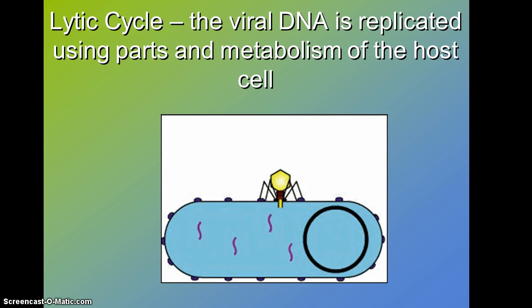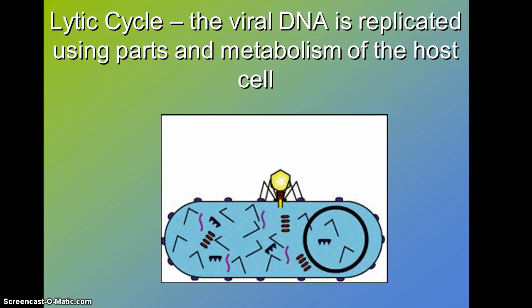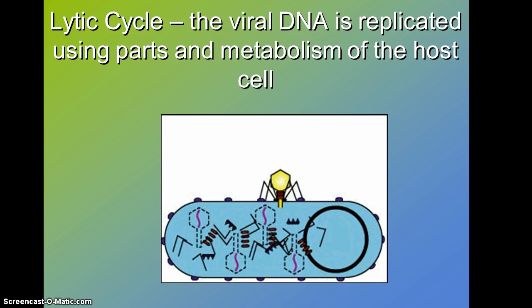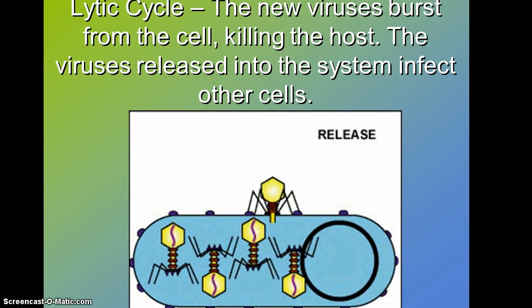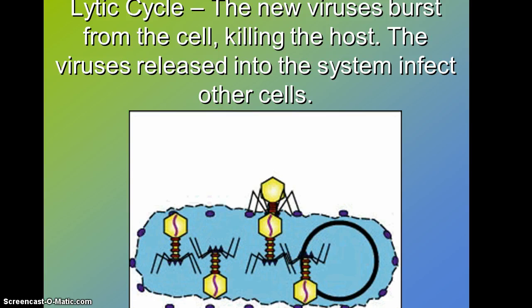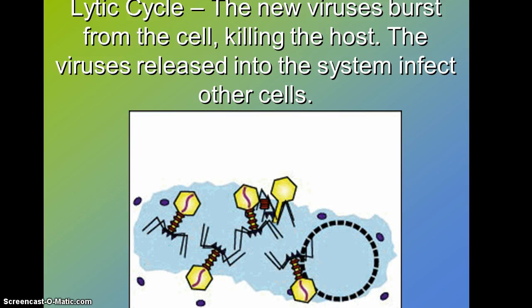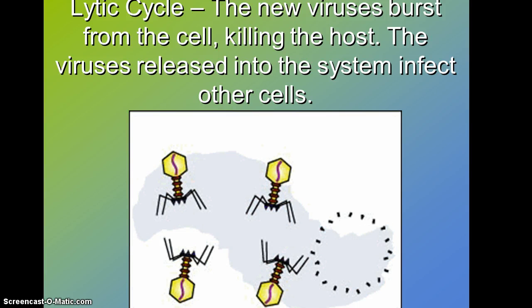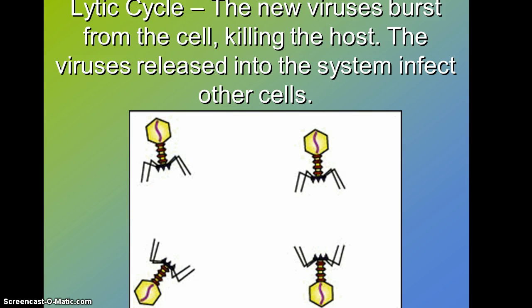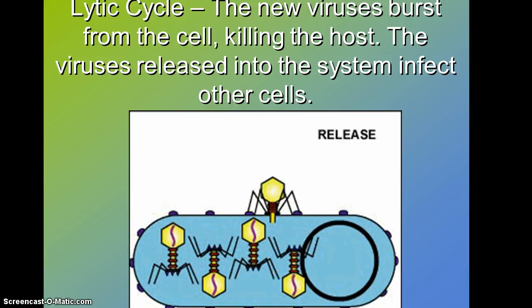So right there you have the biosynthesis, and then you have maturation, and then you have the release. And all those viruses now can go and attack more of your cells until your immune system starts catching up with it. Because at first, viruses aren't detected by your immune system. That's why you get sick.